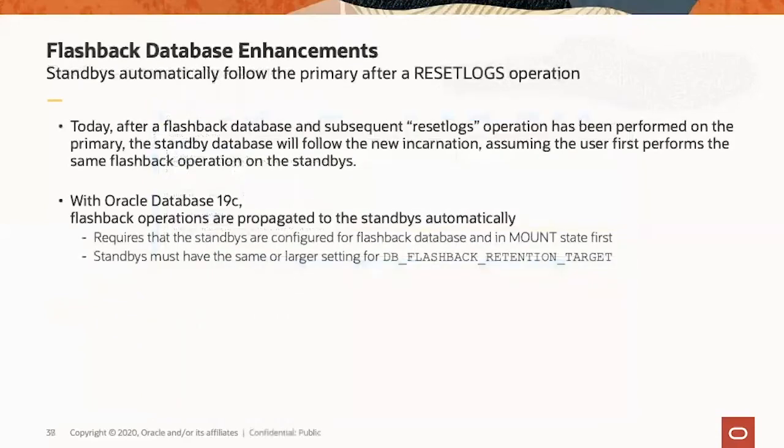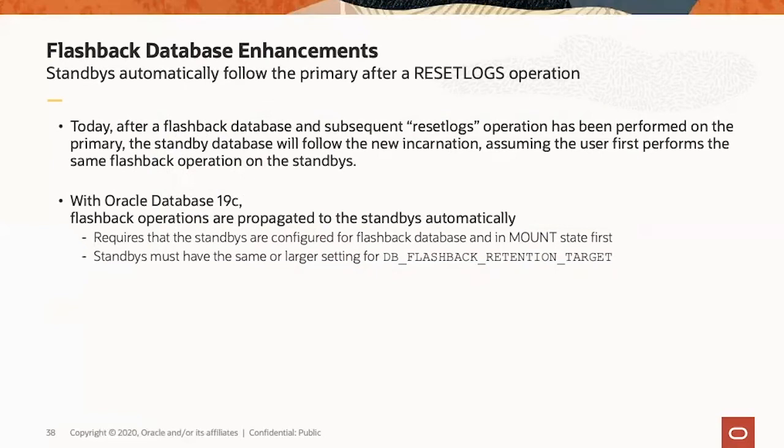Another Flashback Database enhancement is that standbys automatically follow the primary database after a RESETLOGS operation. In the past, when the primary database was doing a RESETLOGS operation, that meant that it gets a new incarnation. That has not changed. It's still a new incarnation.